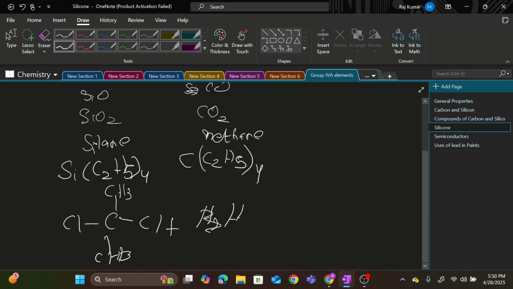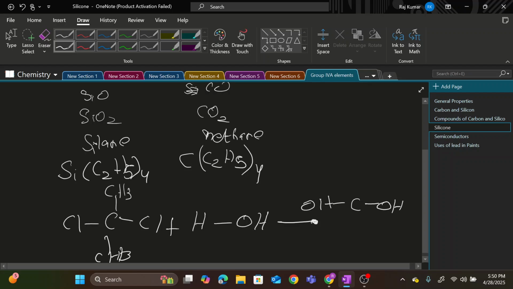We hydrolyze it. When we hydrolyze this, we basically get the chlorine replaced by OH groups. And this is the structure we obtain.